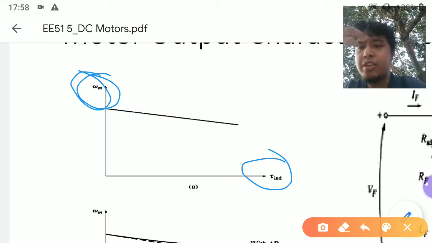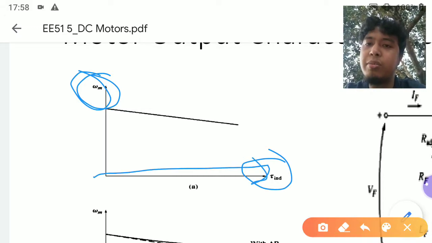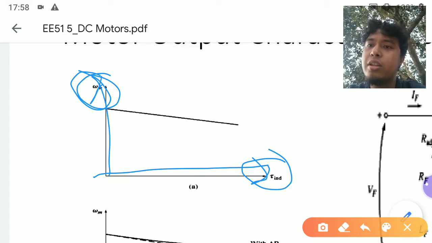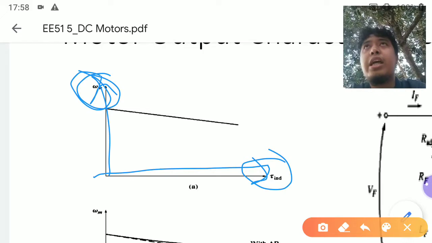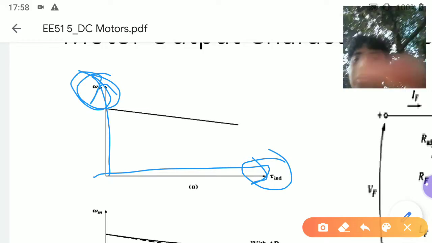This is just the same as generators. As you increase the loading for motors, there is a decrease in torque.